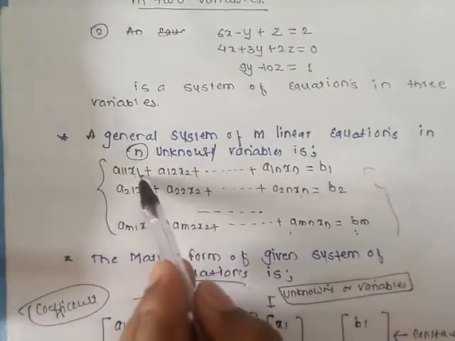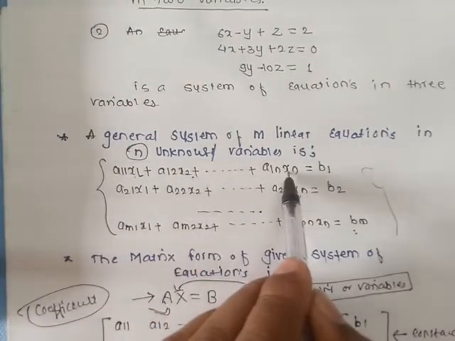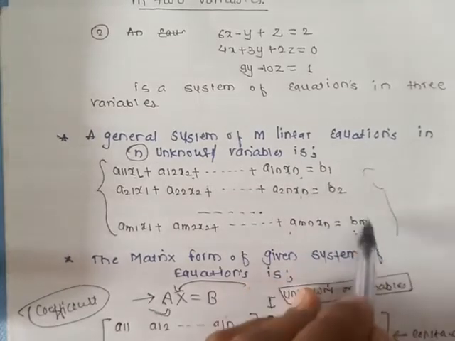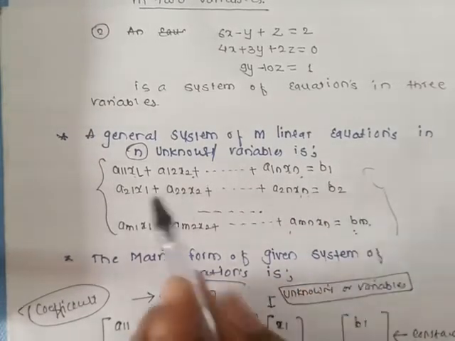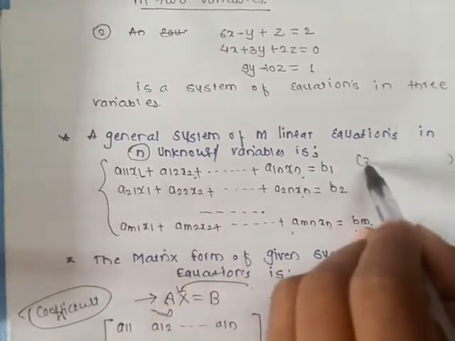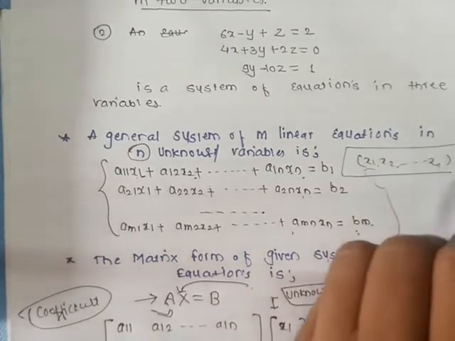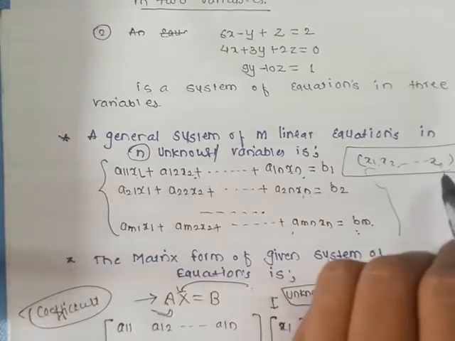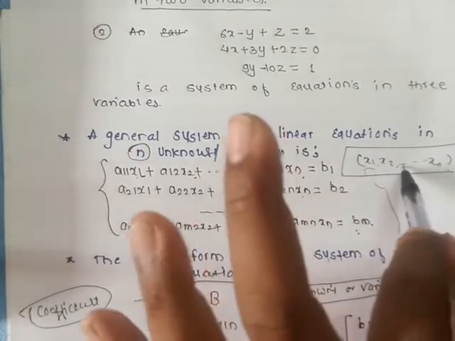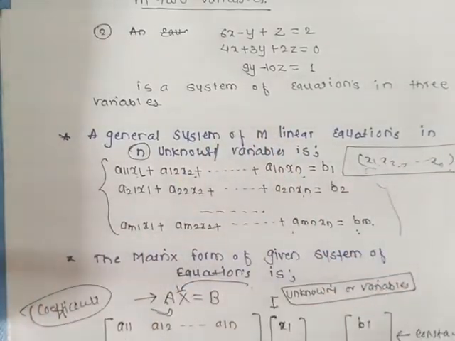Here we are finding x1, x2, xn such that simultaneously all m equations get satisfied by that ordered pair. We are finding the values such that simultaneously this n-tuple satisfies all the m equations. This is called the solution for the system of equations.